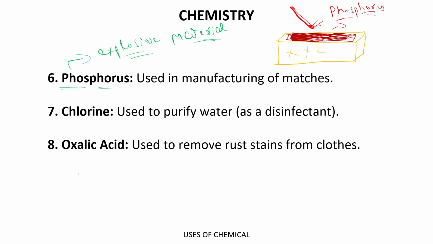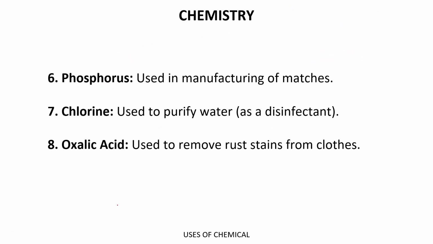Thereafter, now we have chlorine. Chlorine is basically used to clarify water as a disinfectant. If some of you have visited swimming pools, then you must have noticed that after some time your eyes get red and get irritation also.